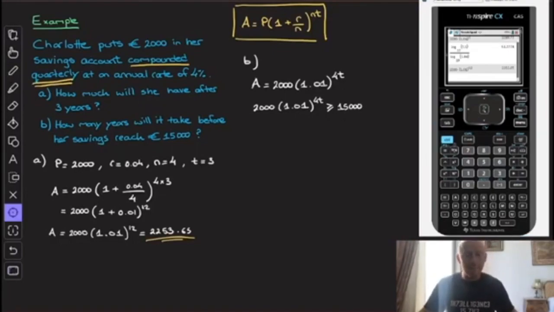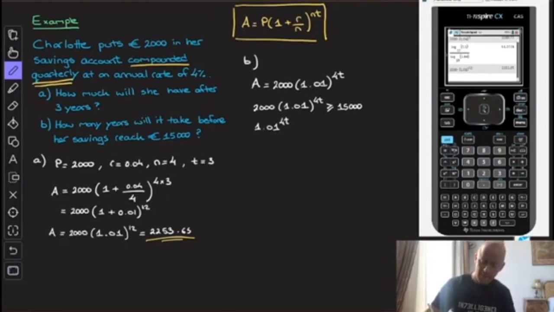This is basically an exponential inequality, and so the first thing we have to do here is isolate this 1.01 to the power of 4t. When I say isolate, I mean let's make it the only thing left on the left-hand side. For that, I'm going to divide both sides by this 2,000 that's multiplying it. I don't actually need those parentheses anymore: 1.01 raised to the power of 4t greater than or equal to 15,000 divided by 2,000.